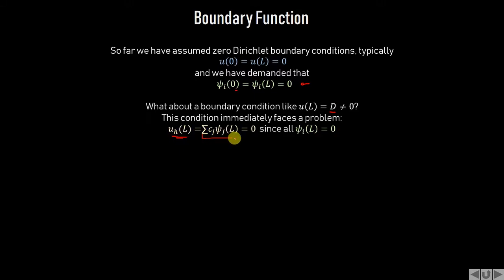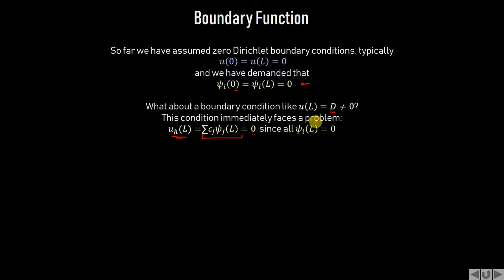Okay, but these all are 0 because at this point we have specified an essential boundary condition. It doesn't matter whether this is homogeneous or non-homogeneous, but since we have specified an essential boundary condition, all of these things are 0. But the value should be D, but it's 0 now, so we have a problem. So how do we compensate for this?